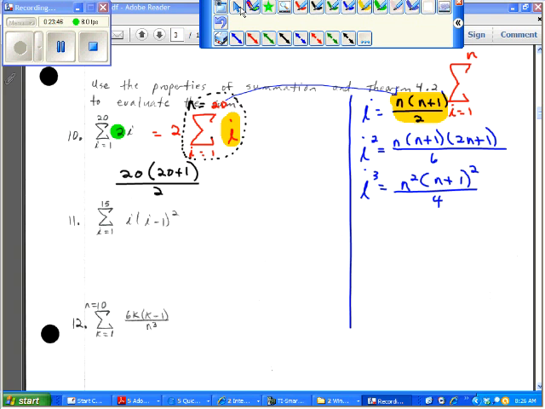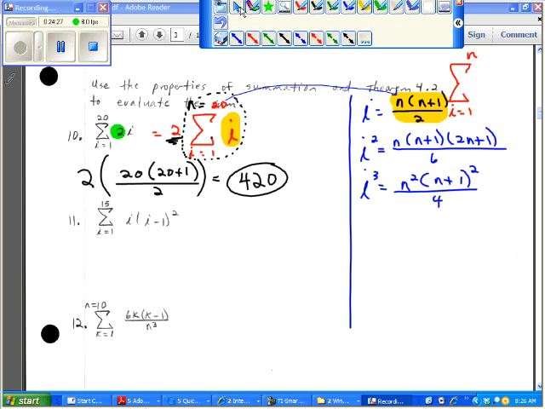So in my i formula, I replace the n with 20. I get 20 times 20 plus 1 over 2. But then I've still got this 2, so I have 2 times that result, right? You can put that in brackets if you want to separate it, but it's okay. So what are we going to get when we multiply that out? 420? Yes. Just 420. Right. Because you have 2 times that over 2 and the 2 cancels out. All right. Any questions on that?